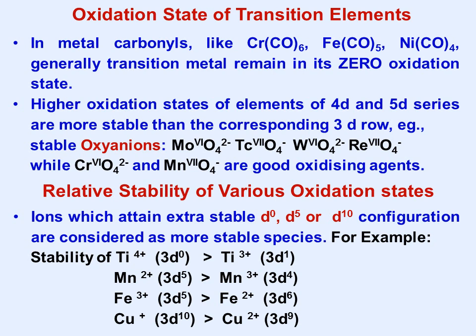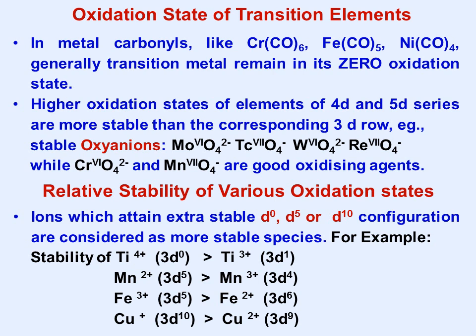For example, the titanium tetrapositive cation having d0 configuration is more stable than its tripositive cation which has d1 configuration. Likewise, the manganese dipositive cation having d5 configuration is more stable than the manganese tripositive cation.